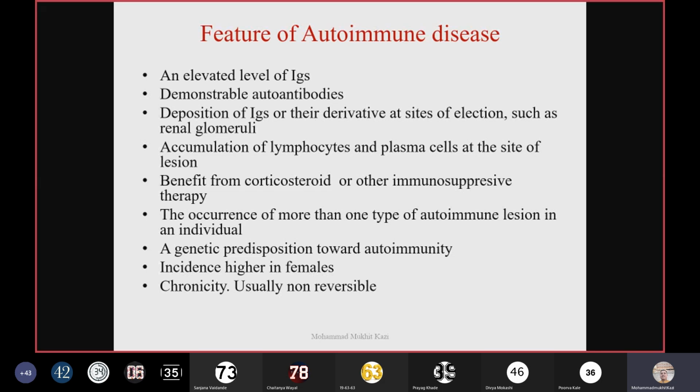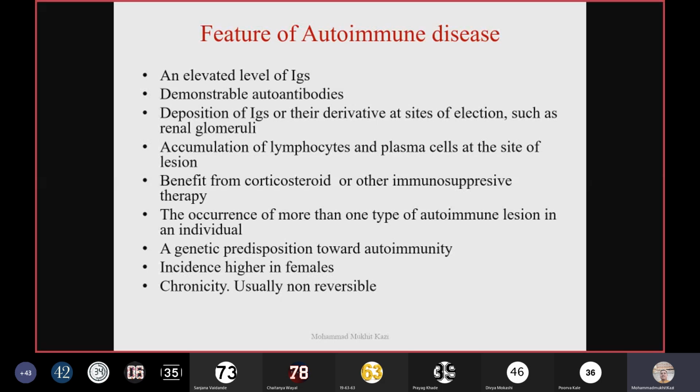So if you see a person suffering from autoimmune diseases, there is always an elevated level of immunoglobulins, irrespective of any other diseases of course. And in this person, you can demonstrate autoantibodies. So this is the second feature of autoimmunity.